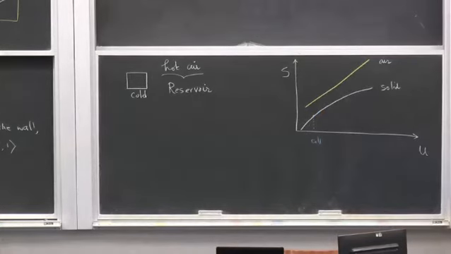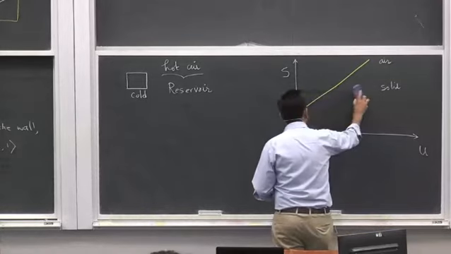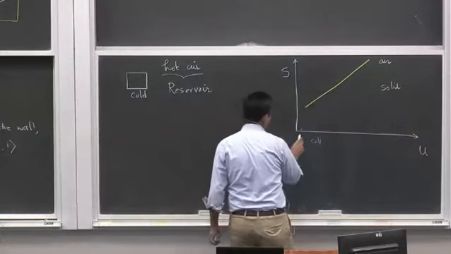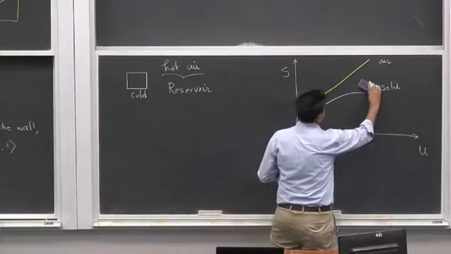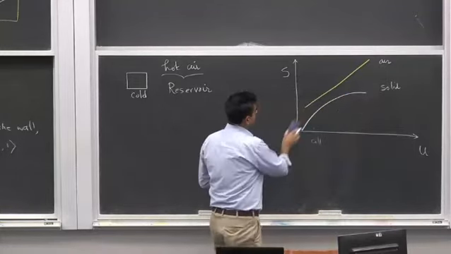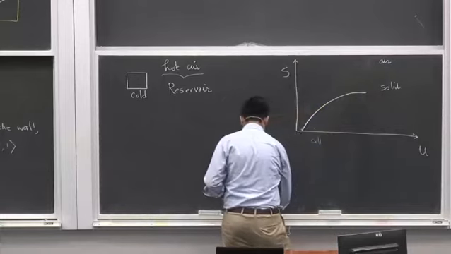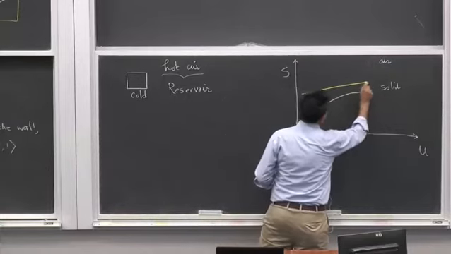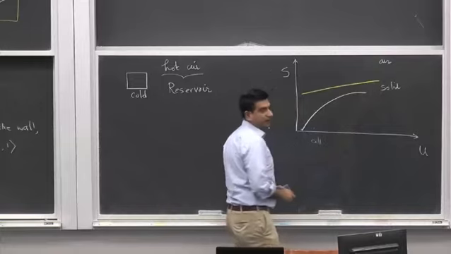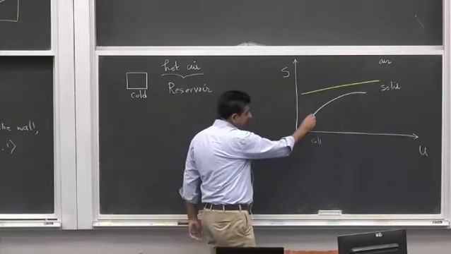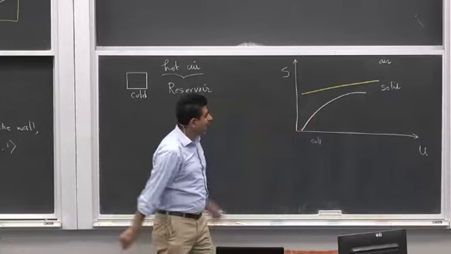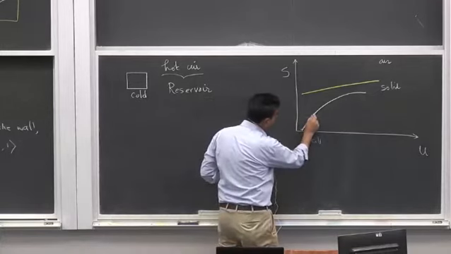For clarity, let me redraw this line in a clearer fashion. So now if I look at this, my object is cold. There is some slope over here.